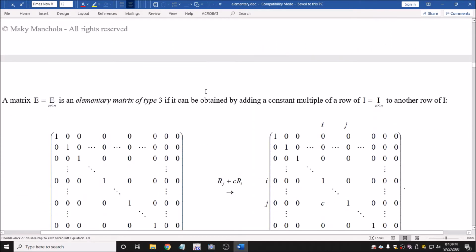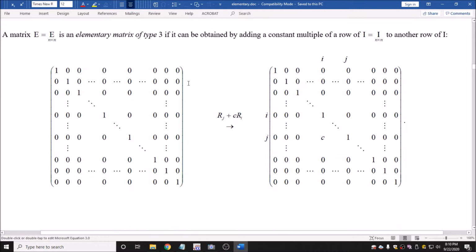A matrix E is an elementary matrix of type 3 if it can be obtained by adding a constant multiple of a row of I to another row of I. Here we're illustrating. We have the identity matrix.